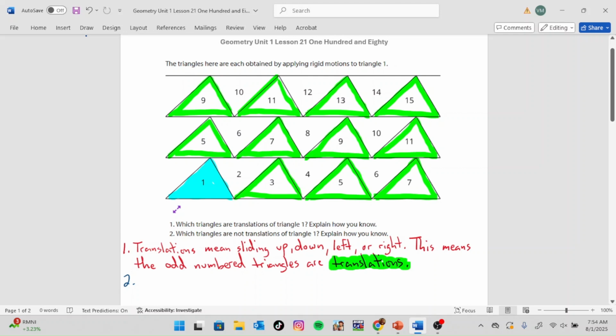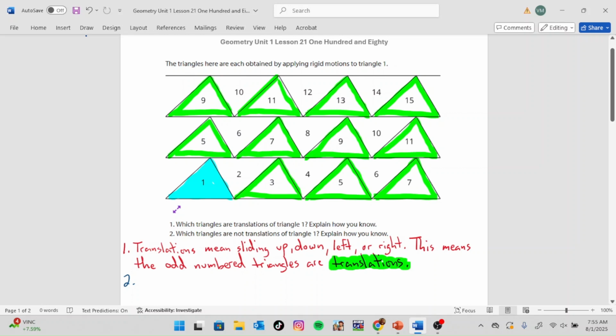And then we could translate from number 2 to make the rest of them. Or we could rotate number 1 180 degrees, and then we could slide up and over, or translate up and over to the even numbered ones.